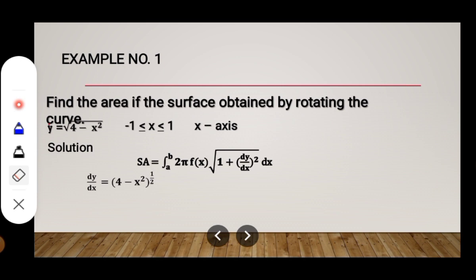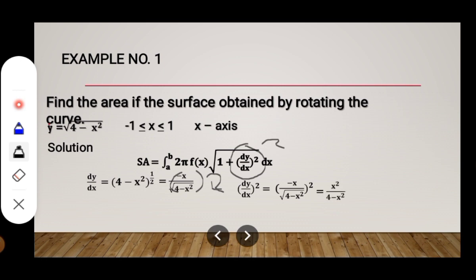So we differentiate it, and we have negative x over the square root of 4 minus x squared. Then we square this to find dy over dx squared, so we have x squared over 4 minus x squared.